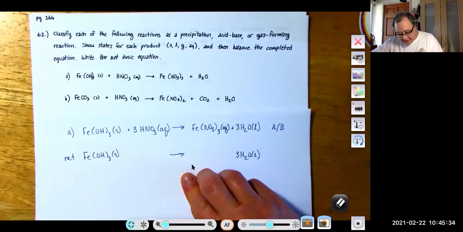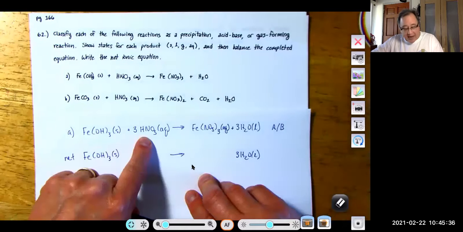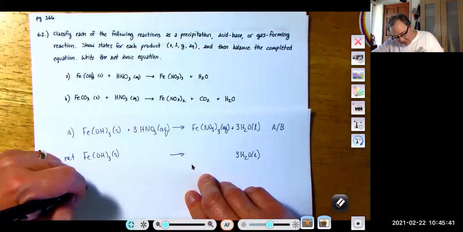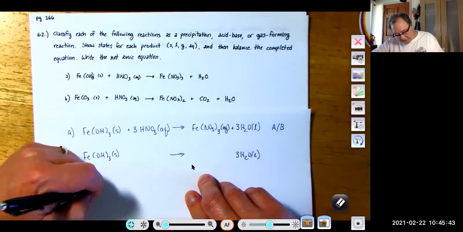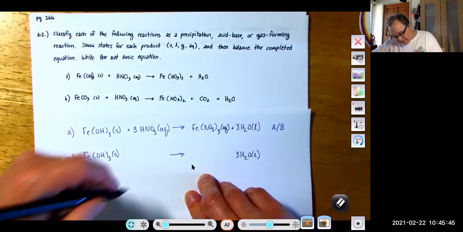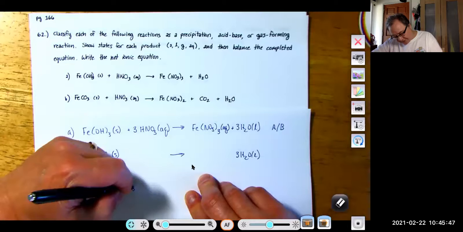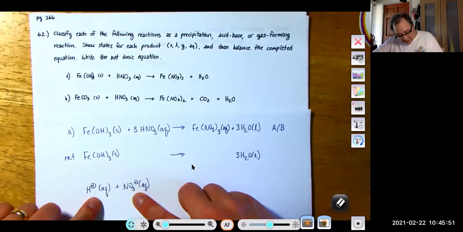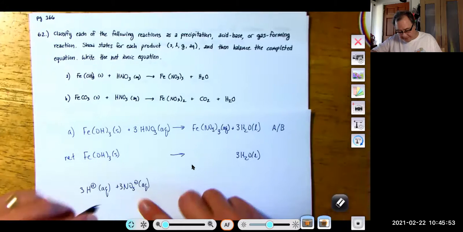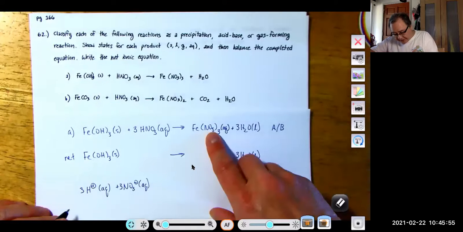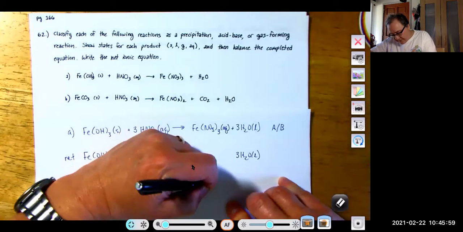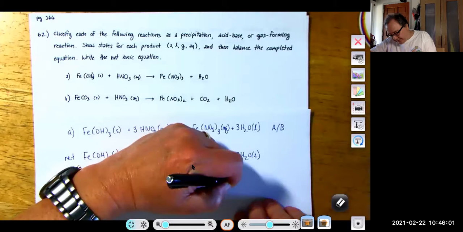For instance, nitric acid is a strong acid. So when you put this into water, what you actually have are dissolved H pluses and dissolved nitrates. So that's what HNO3 actually gives you. And it gives you 3 of these and 3 of these. Since this is aqueous, it gives you an iron 3 and 3 nitrates.